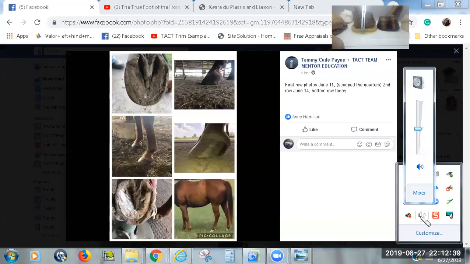If you notice, that side is always full in the sole, but the other side will be kind of concave and not as full. When I finally took that side down a little more and took out a little bit of that sole, just to get things moving, it helped both sides.